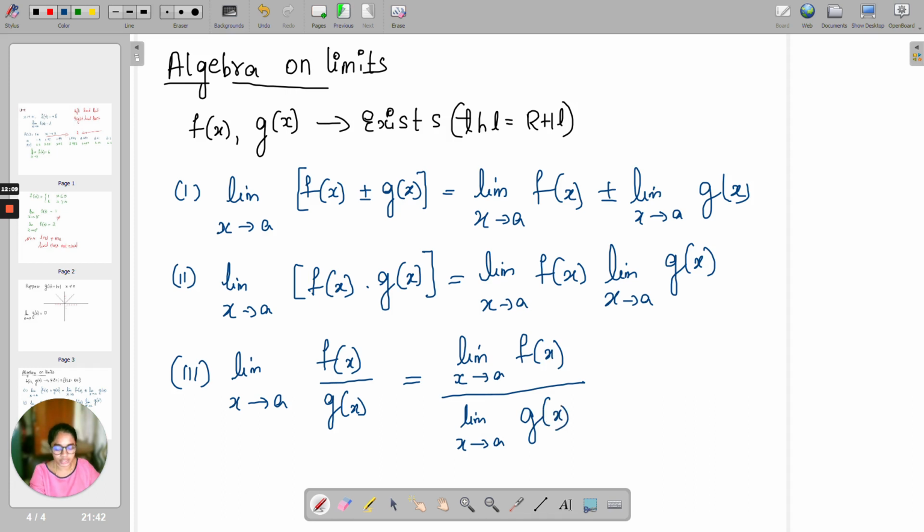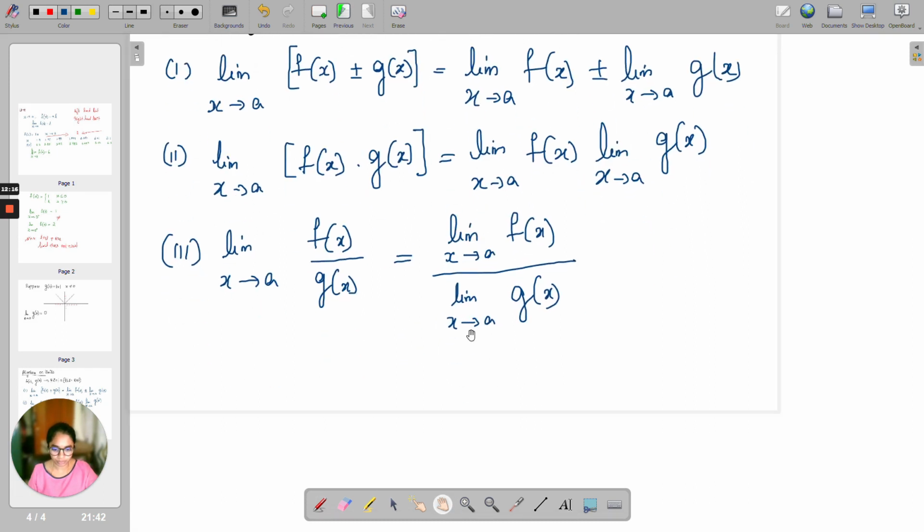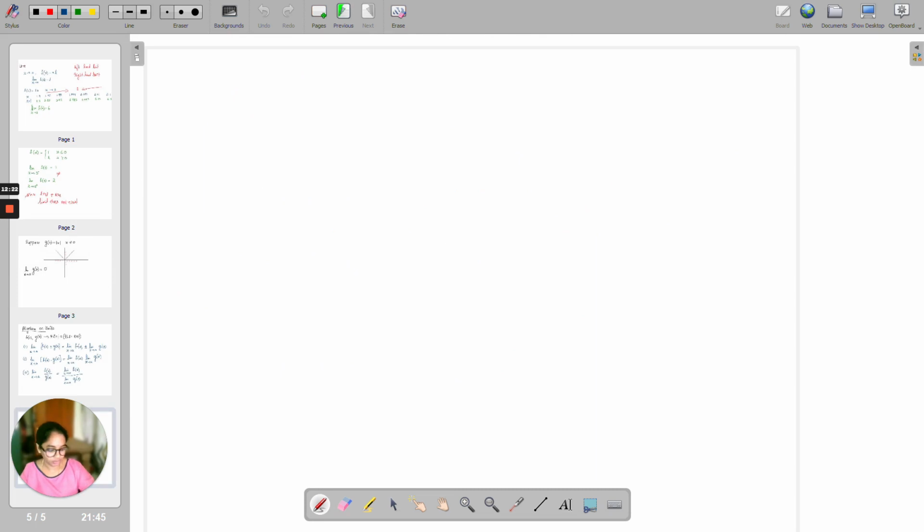Okay, this is algebra on limits. Yes, let me take some problems now. Limit x tending to a, let me take it as x square.